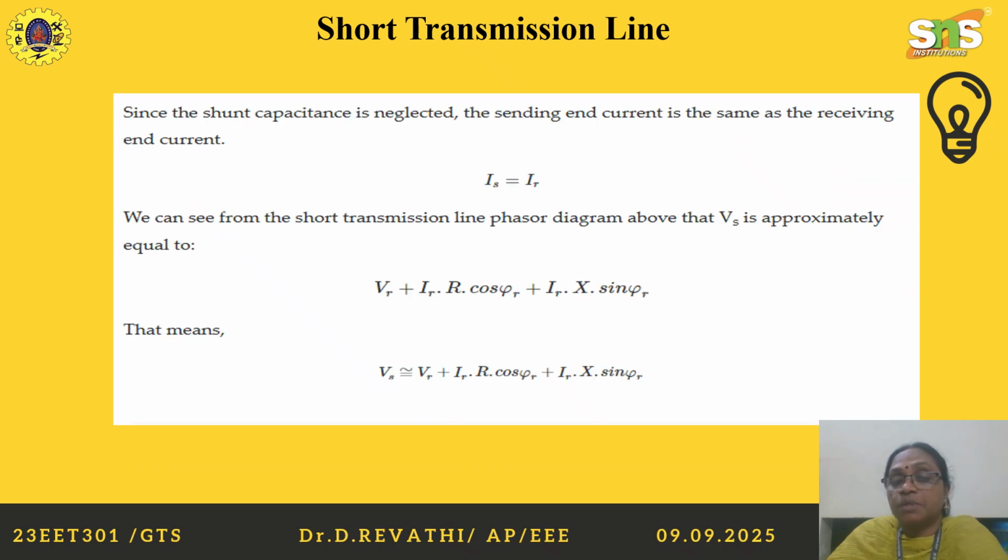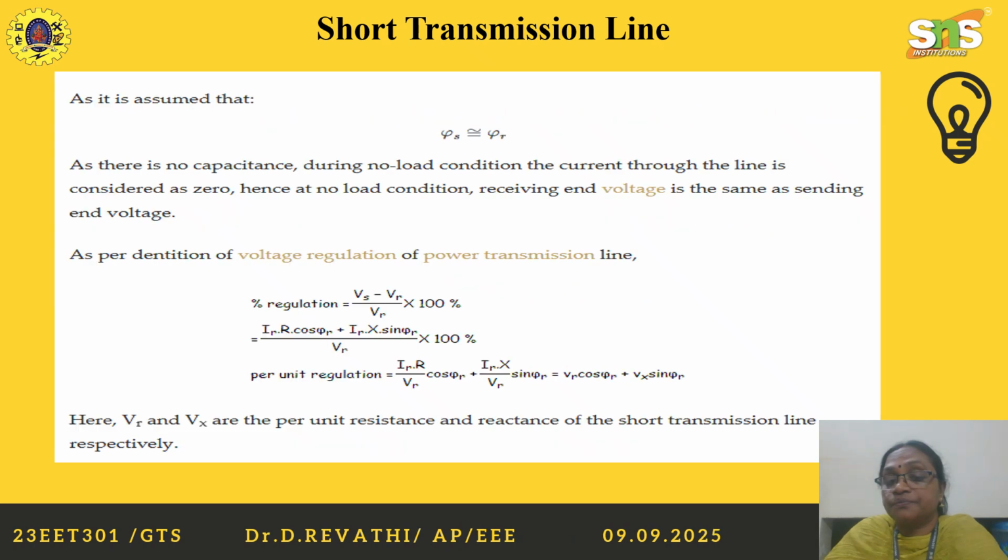Since we neglect the shunt capacitance, Is is equal to IR, the sending end current equals the receiving end current. From the phasor diagram, Vs is equal to VR plus IR R cos phi R plus IR X sin phi R. From this we calculate the voltage regulation and efficiency.